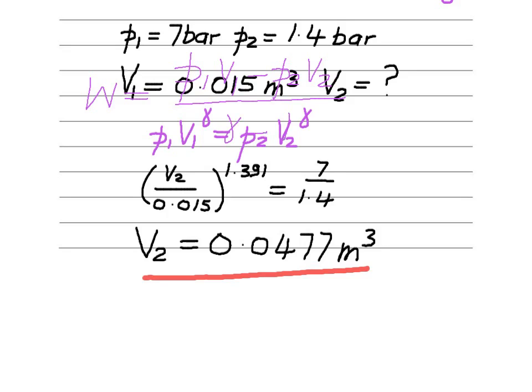Now this is a standard formula for calculating the work done for an adiabatic process, which we can get from our formula sheet. So what we now do is plug in the values, and I'll leave it to you to do the calculations. We will get an answer of 9.77 kilojoules.